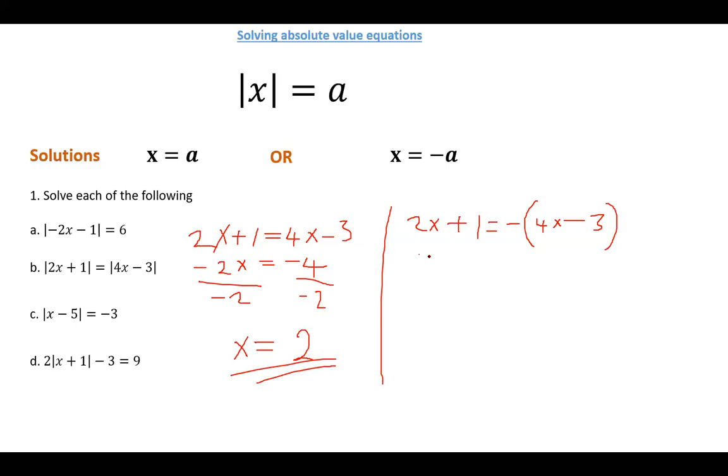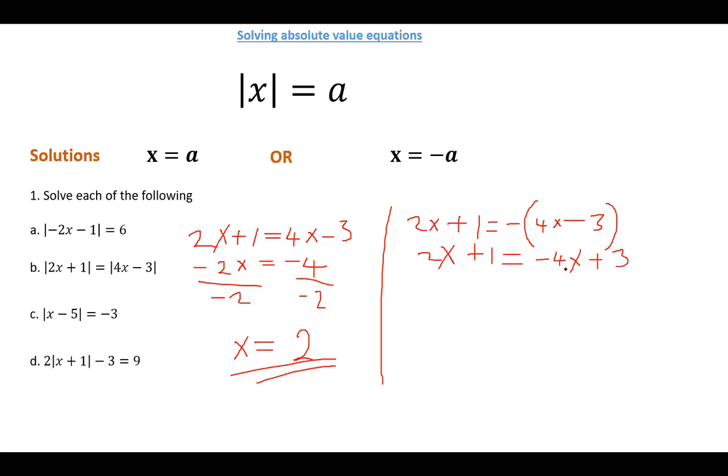This side, we first start by opening the brackets. Of course, this is mathematics, you need to follow BODMAS. By opening the brackets, I mean you multiply the negative throughout what is in the brackets. So negative times 4x gives negative 4x, and negative times negative 3 gives positive 3.